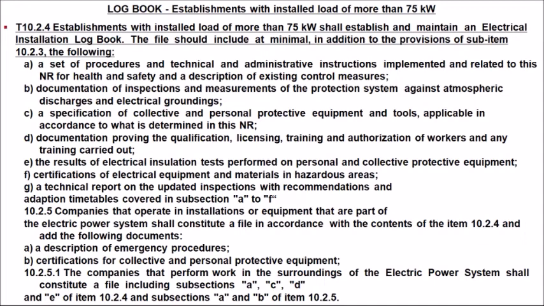E. The results of electrical installation tests performed on personal and collective protective equipment. Well, it is important to know that all PPE and collective protection equipment are tested and licensed, and in the moment you purchase them, there is a certification guaranteeing that the equipment was tested and is ready to use.